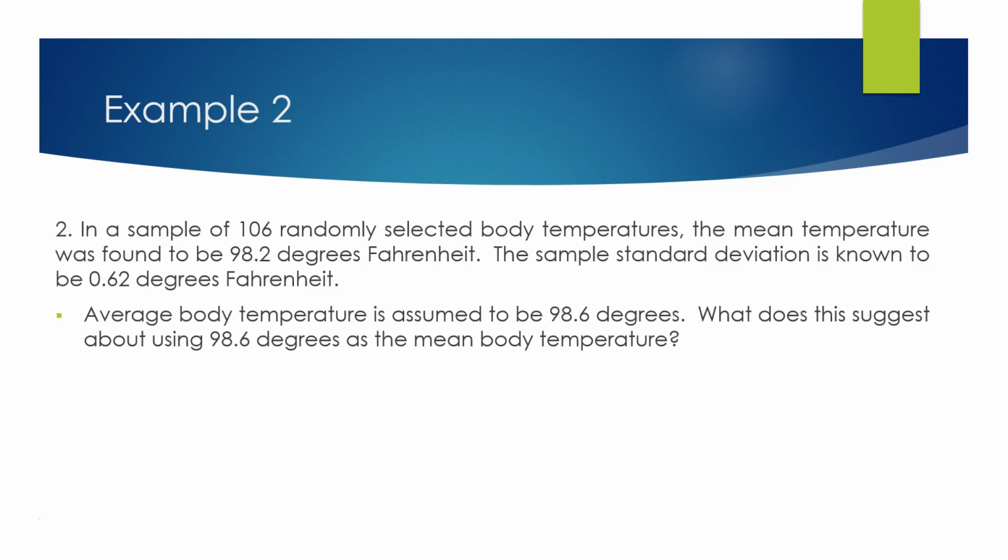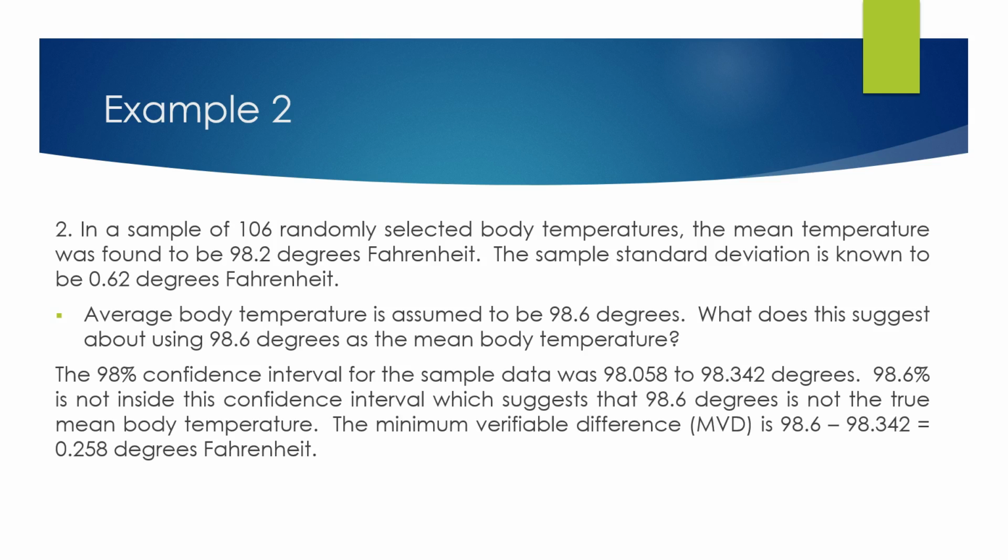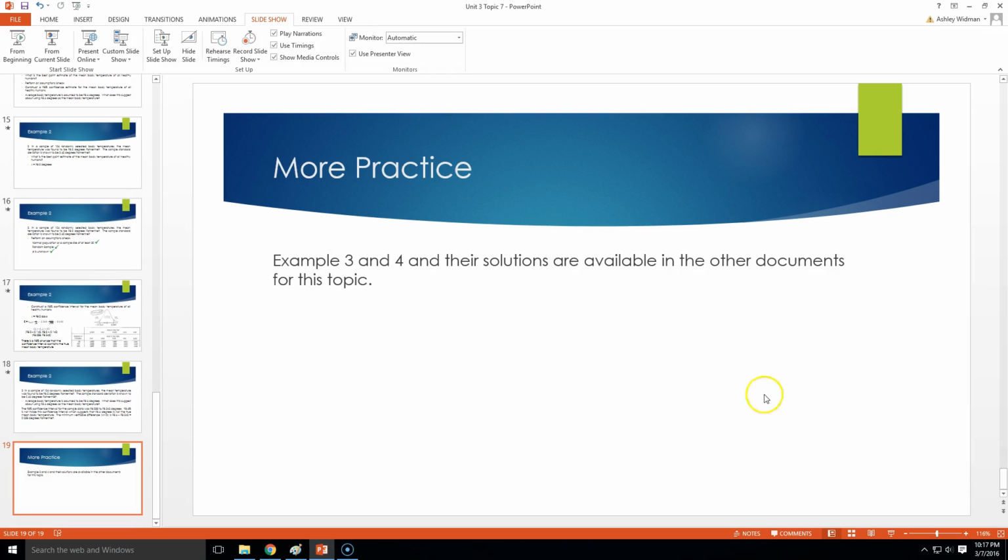The final question says, the average body temperature is assumed to be 98.6 degrees. What does this suggest about using 98.6 degrees as the mean body temperature? Well, we found out more recently that the mean body temperature is closer to 98.2 degrees, but comparing it to our confidence interval, we find that 98.6 degrees is not inside the confidence interval.